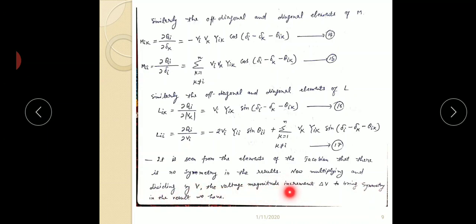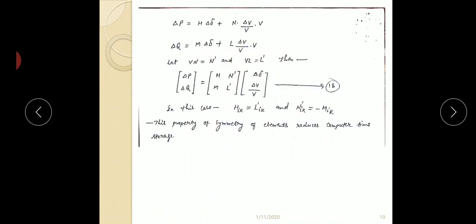So we have delta P, from the previous equation, equal to H delta delta plus N into delta V over V into V, and similarly delta Q equal to M delta delta plus L delta V over V into V. Let us suppose V into N equal to N dash and V into L equal to L dash.